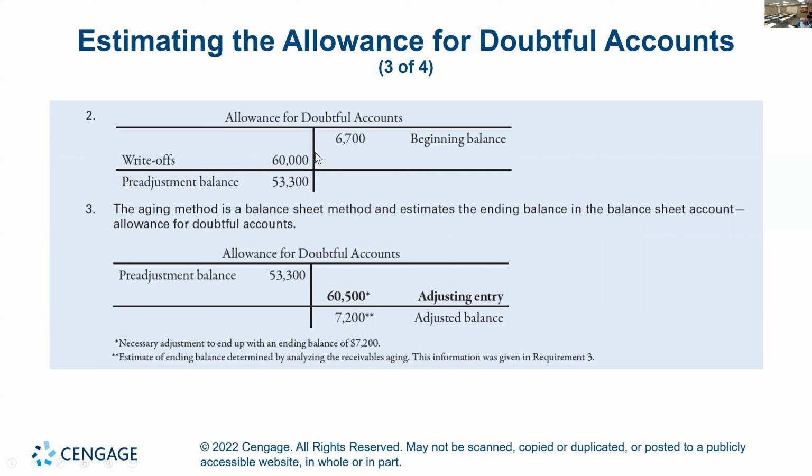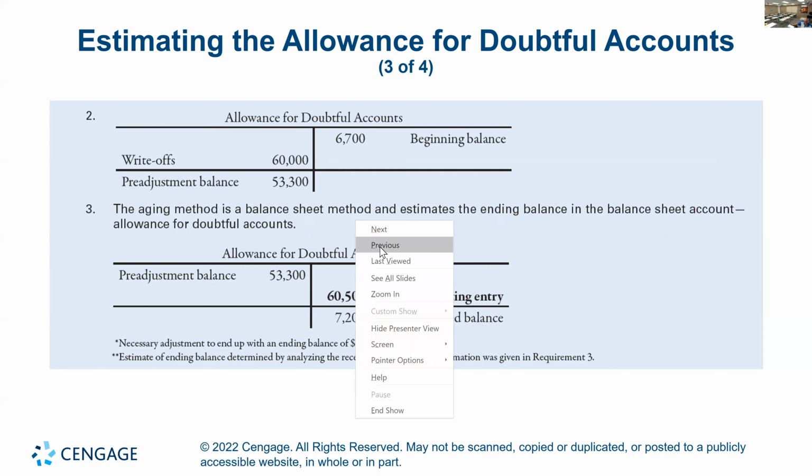This slide shows you the debit entry made for the allowance for doubtful accounts, creating a $53,300 debit balance in our allowance for doubtful accounts. The aging method is a balance sheet approach and estimates. So did it give us that information?